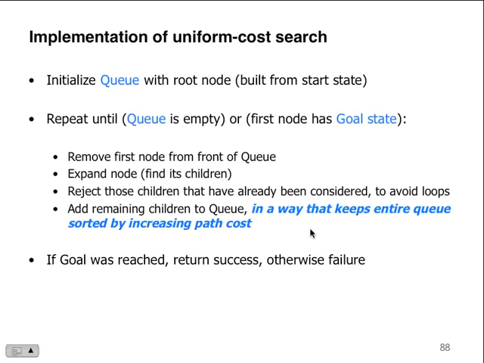So in terms of the implementation, we initialize the queue with the root node and build from the start state downward, the same thing as we were doing before in the breadth first. Repeat until the queue is empty, or the first node has the goal state in it. And we can find out from the first node which direction we're going to actually follow. So we remove the first node from the front of the queue, expand the node, and find its children.